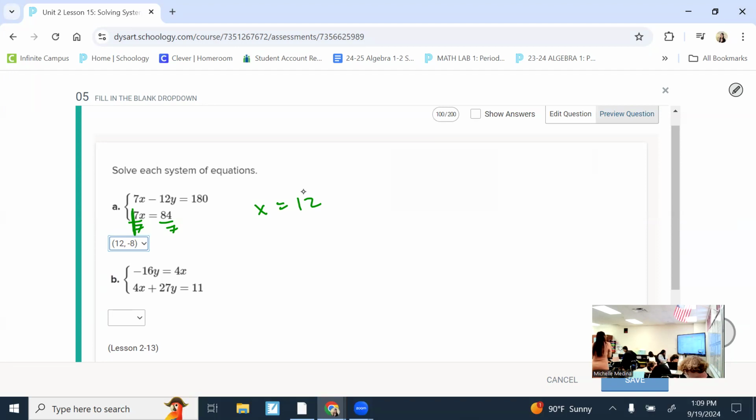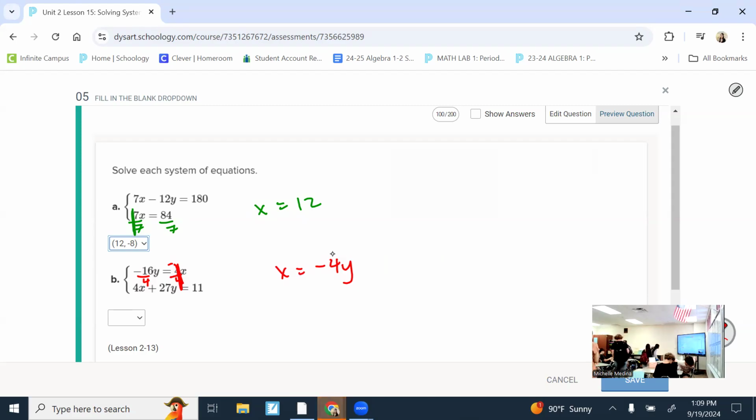In this one, I would isolate in the top equation because it's already almost fully isolated. And I think I'd rather isolate the x because that looks easier. When I do that, I get that x equals -4y. So notice I don't get that x is just one number this time. I get that x is an expression.